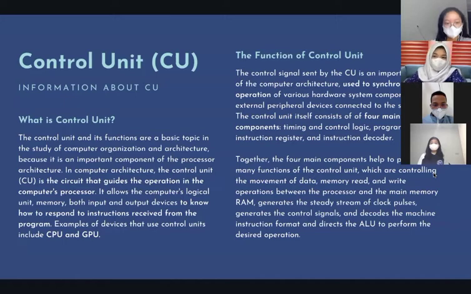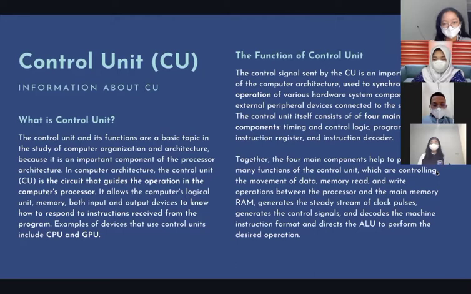It allows the computer's logical unit, memory, and both input and output devices to know how to respond to instructions received from the program. Examples of the devices that use the control unit include CPU and GPU.